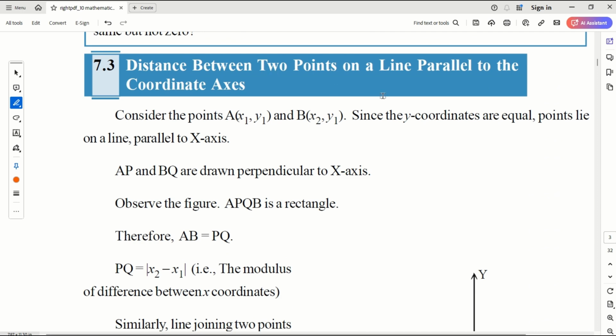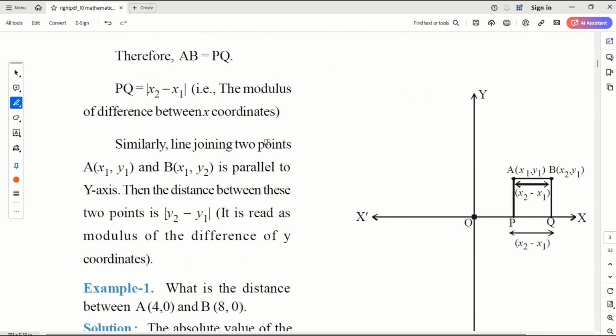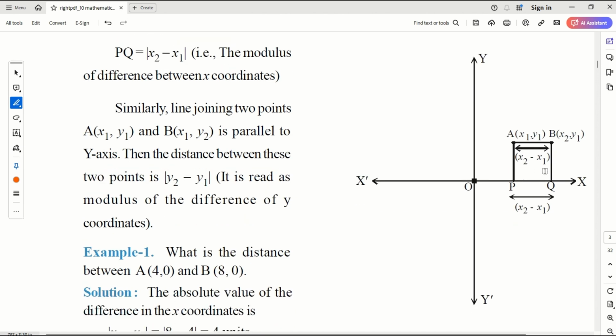Now, distance between 2 points on a line parallel to the coordinate axis. In this case, the 2 points are parallel to one of the axes, either x-axis or y-axis. That means if it is parallel to x-axis, their y coordinates will be same. If it is parallel to y-axis, their x coordinates will be same. So, in this picture, AB is a line parallel to x-axis.